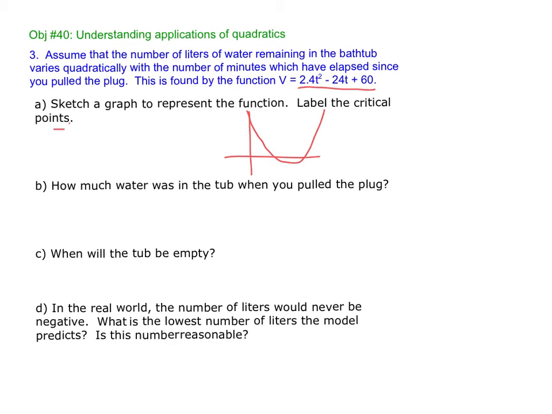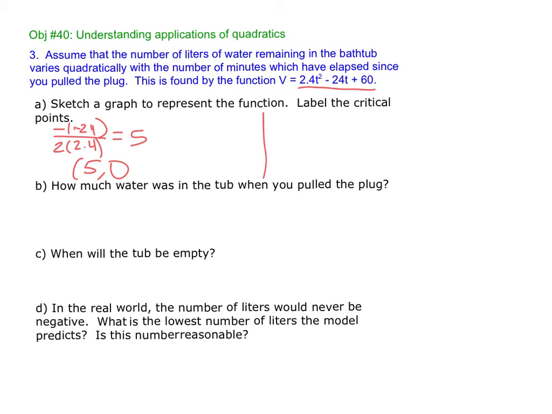So that's negative 24 over 2 times 2.4. It gives me 5. So the vertex is at 5, and I'm going to plug in 5. And I get 0.